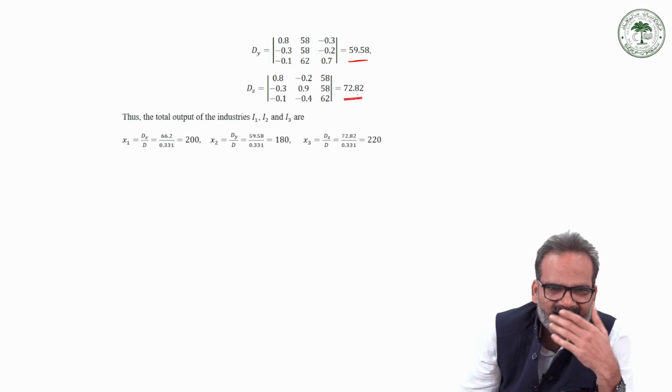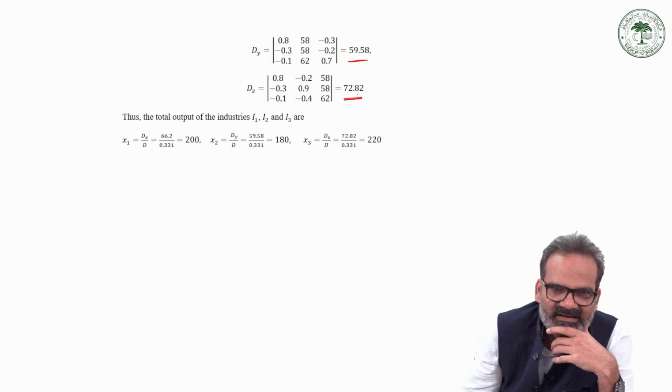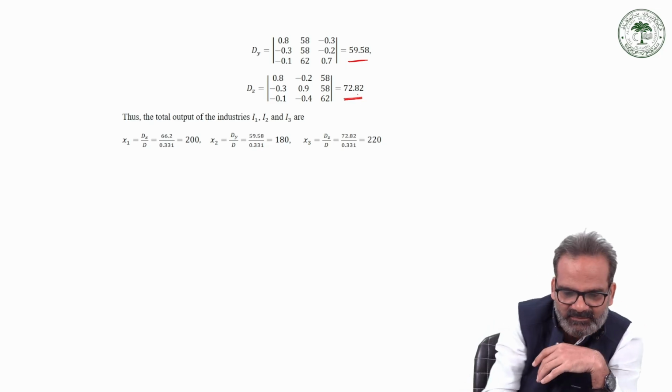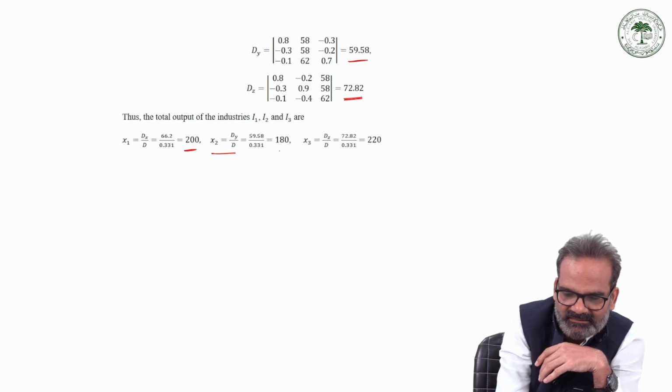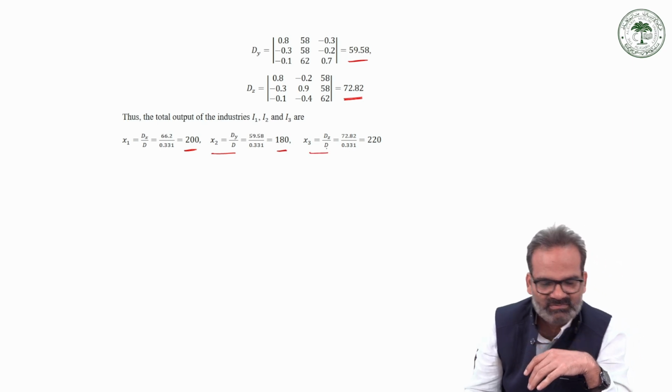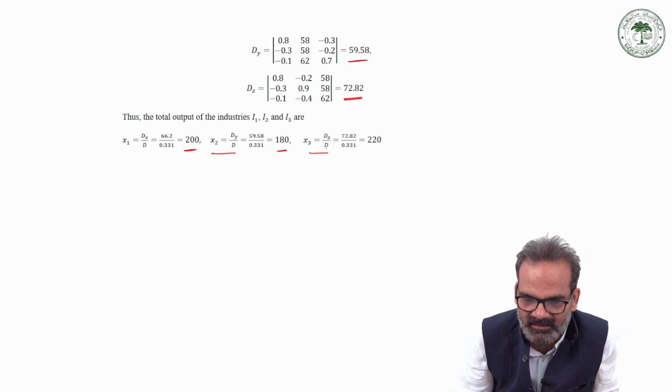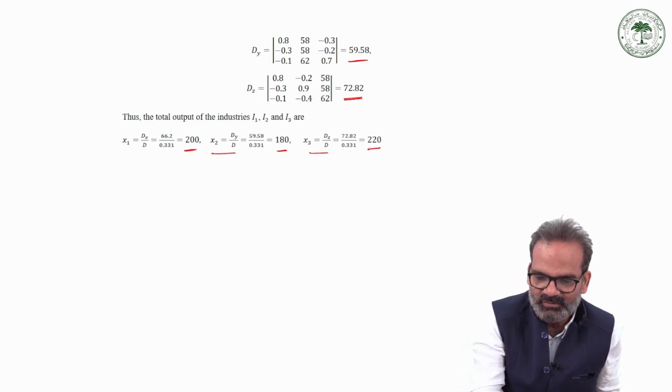And finally, the total outputs of the industries I1, I2 and I3 are: x1 is equal to dx upon d, which comes out to be 200. x2 is equal to dy upon d, which comes out to be 180 units. x3 is equal to dz upon d, which comes out to be 220 units.